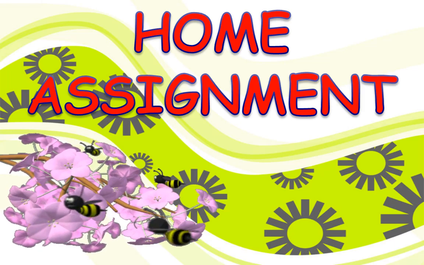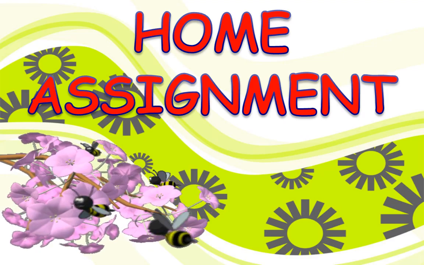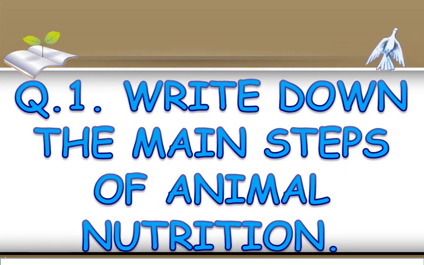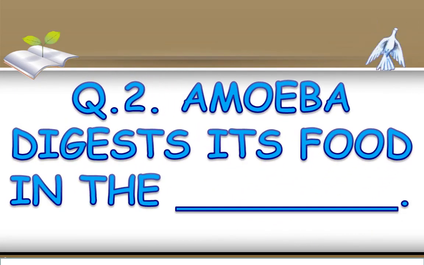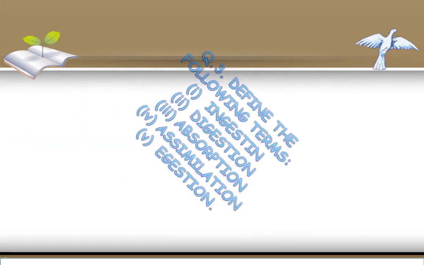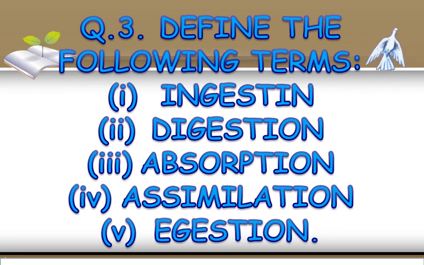It's time to note down your home assignment. Question number 1. Write down the main steps of animal nutrition. Question number 2. Amoeba digests its food in the dash. Question number 3.